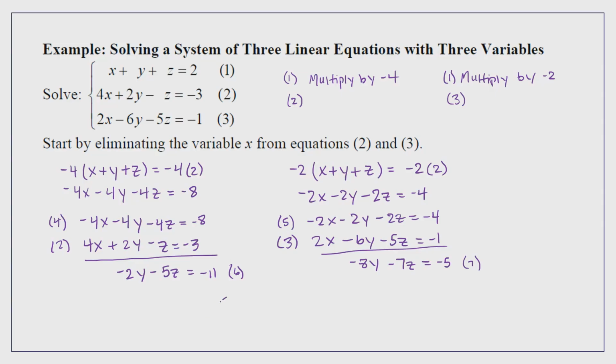So now my system is x plus y plus z equals 2, that's equation number 1, and then I have -2y minus 5z equals -11. That's 6. And -8y minus 7z equals -5. And that's 7. But I've eliminated the x variable from equations 2 and 3.